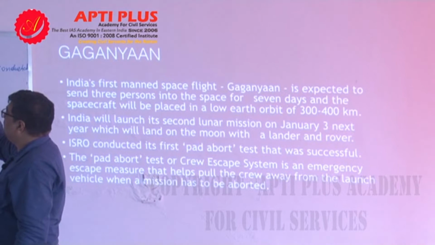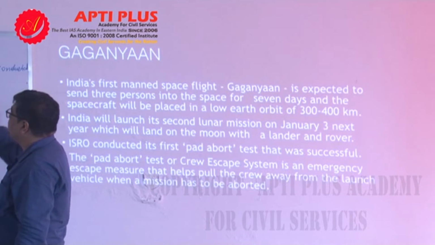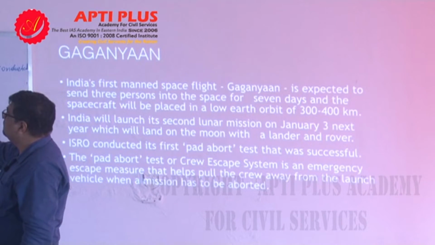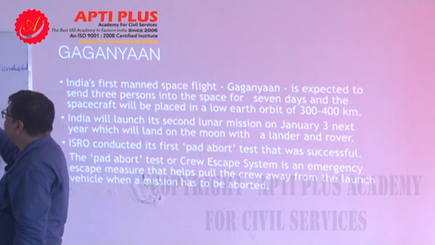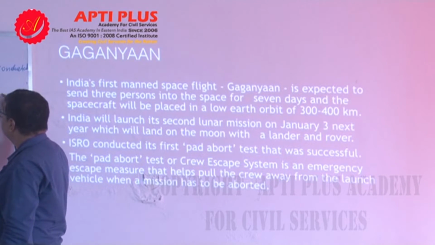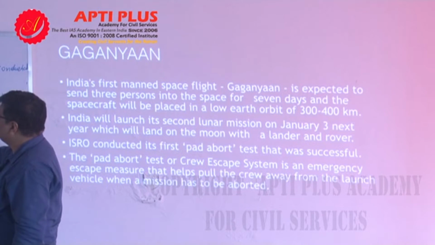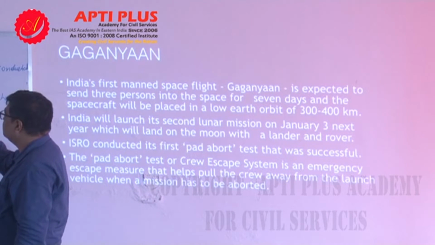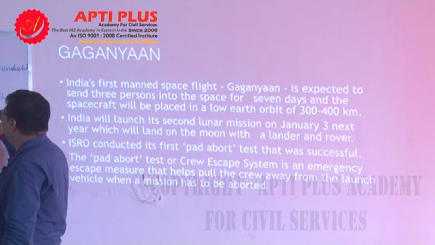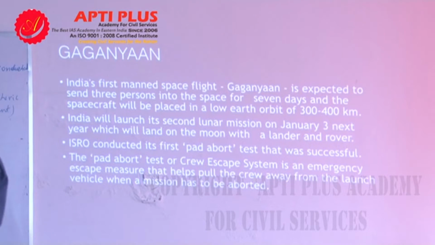I'll give you the full form of CARE: Crew Module Atmospheric Re-entry Experiment. In 2014, we carried out a similar thing, taking a module to outer space and bringing it back, but without a human.